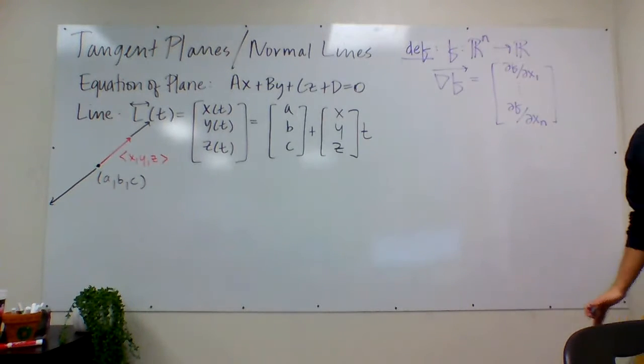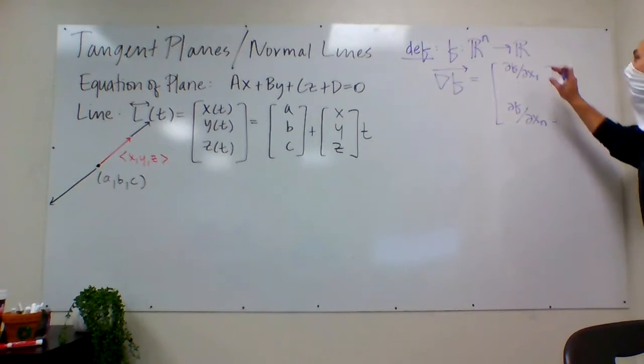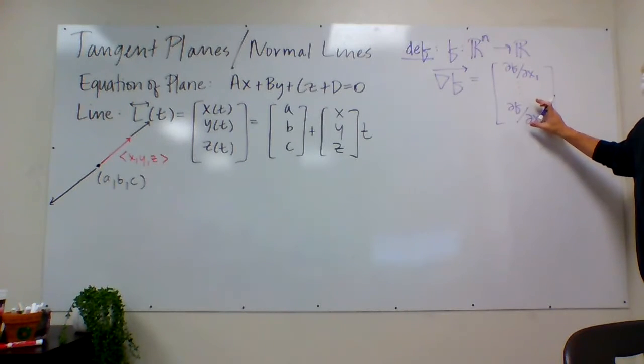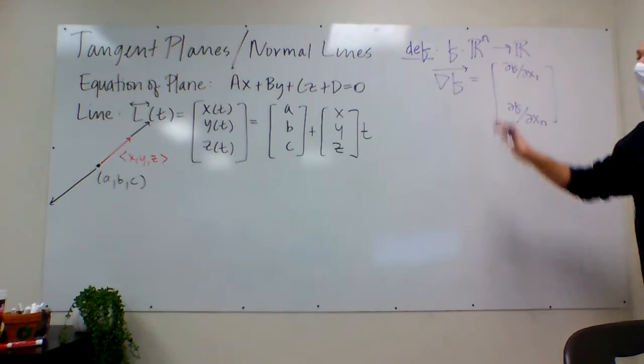In the nice z equals f of x and y case, it's the partial of f with respect to x and the partial of f with respect to y. But I'm opening this up for maybe higher dimensions later.